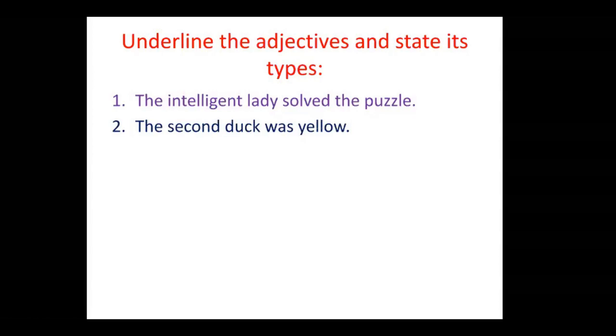Quality, quantity, number, which one? I want the type of adjective. Number. Very good. It is an adjective of number because it is having a number. Second is telling us the number of the duck.